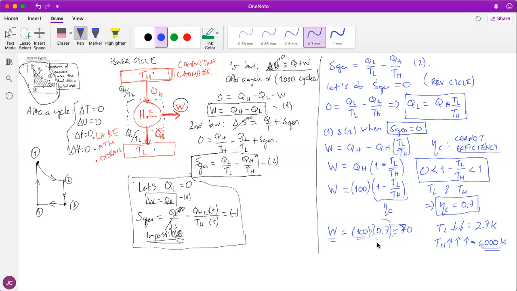But you are stuck with imperfection, because nature is telling you it doesn't matter what you do. Even in the most perfect case, you still cannot take 100 units of heat and get 100 units of work.